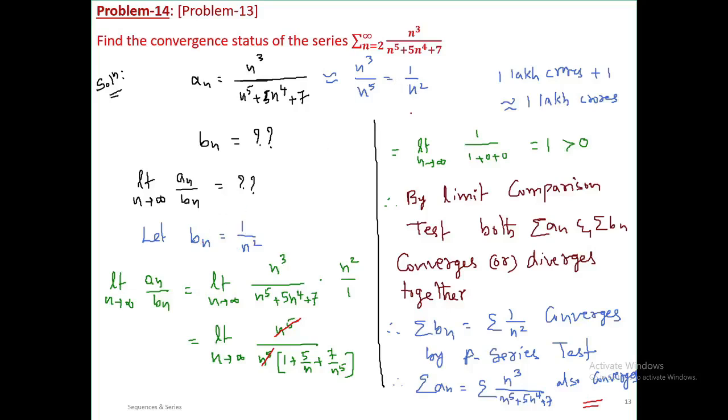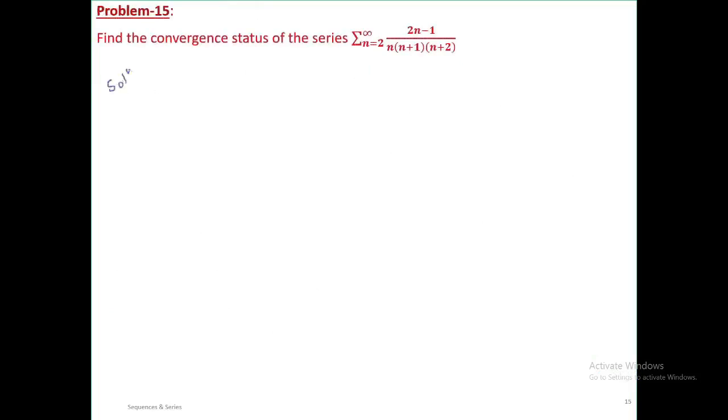Okay, similar problem, problem number 15, again same story. So directly I want to attack this. What is an now? An is 2n minus 1 divided by n into n plus 1 into n plus 2.